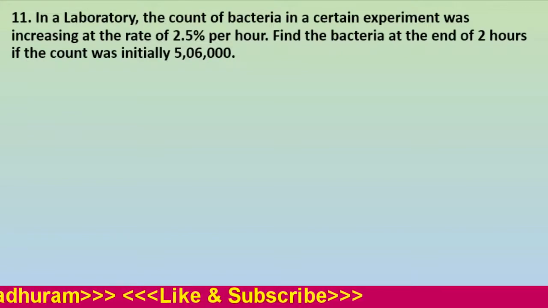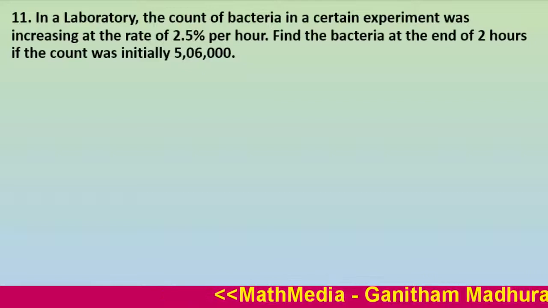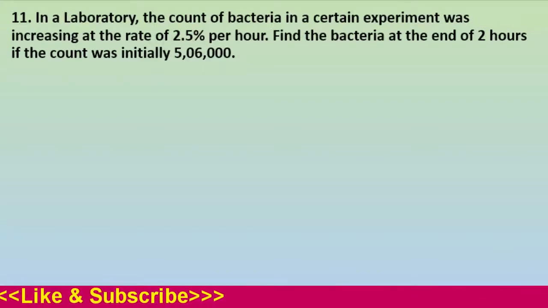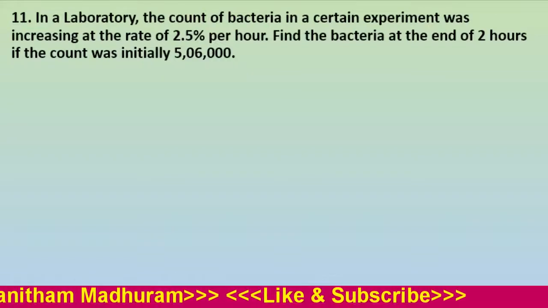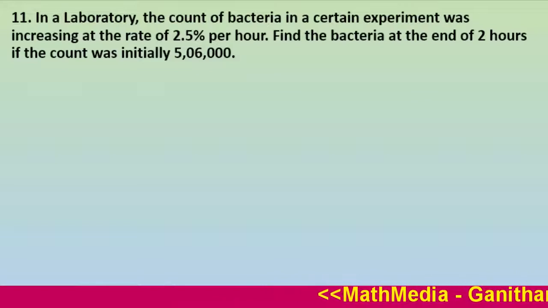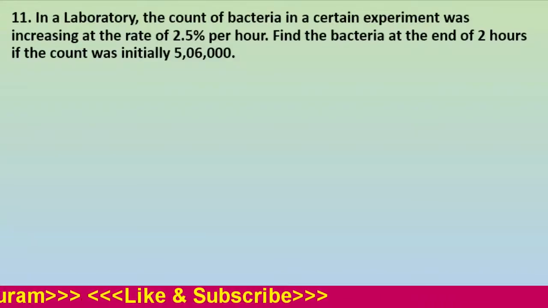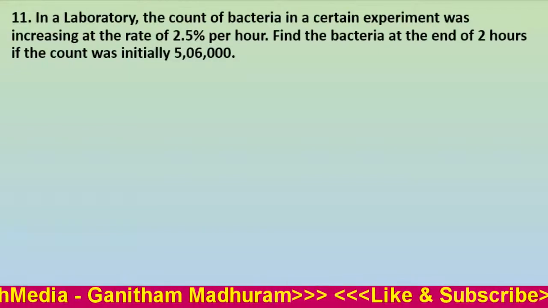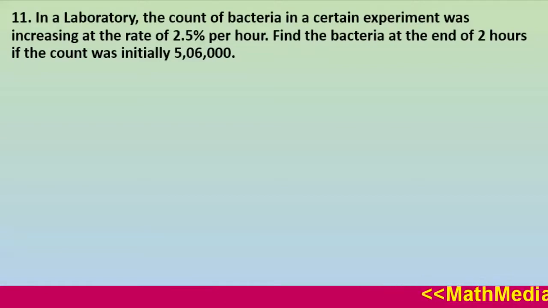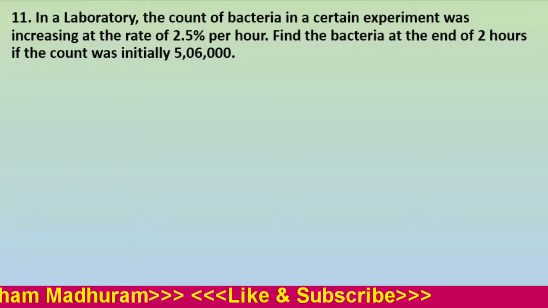See here, this is a question which is the application of compound interest formula. In the question it is given that the bacteria's initial count is 5,06,000 and the bacteria will increase at the rate of 2.5% per hour. We can calculate at the end of 2 hours. That means after 2 hours, what will be the count of bacteria?